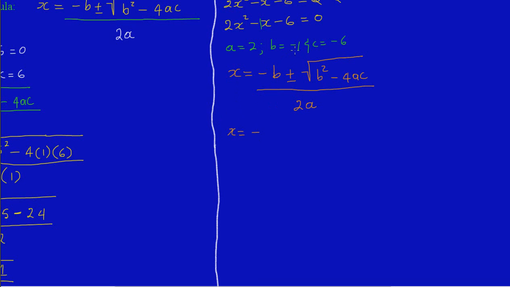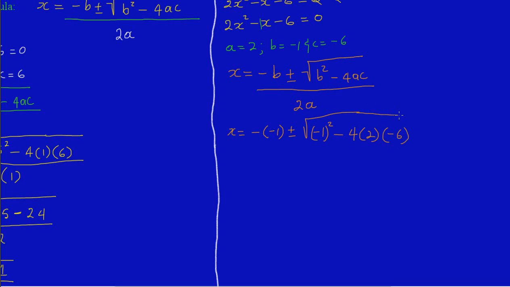However, b is a negative 1, so I'm going to open my bracket and put in the value of b, which is negative 1, close bracket. Now plus or minus the square root of b squared. B was negative 1, so we put that in a bracket and square it. Minus 4, and a is 2, and then times c, and the value of c is negative 6.